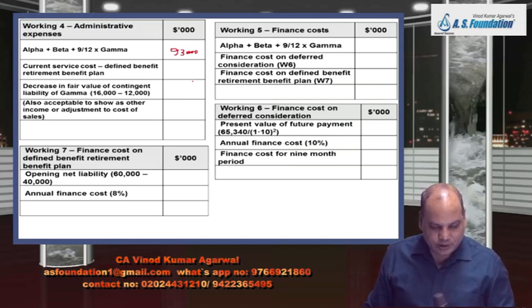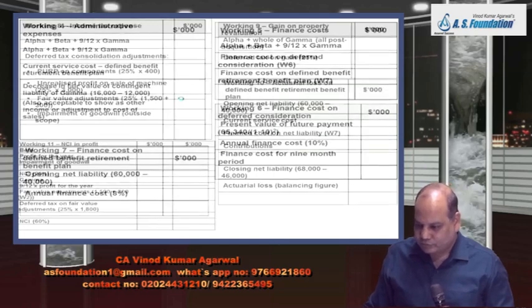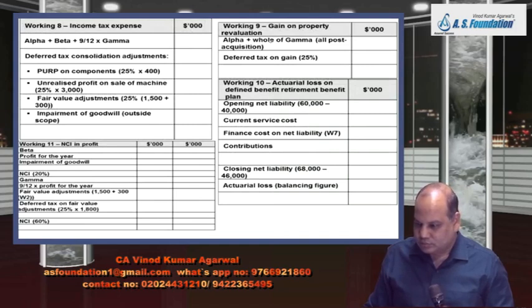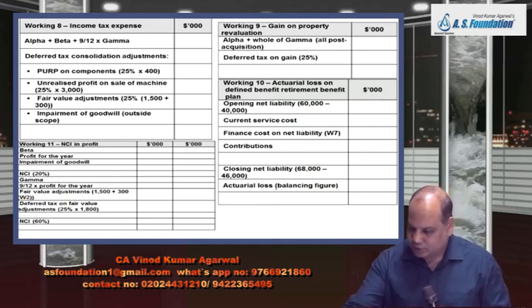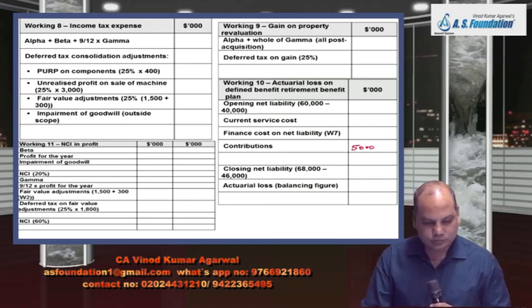Next, contribution to retirement benefit plan. Note number 5. So what you do, you come to one actuarial gain and loss working. This contribution which they have paid will actually be adjusted in the actuarial gain and loss working note. So right here 5,000. I'll explain it to you again when we'll come to this.